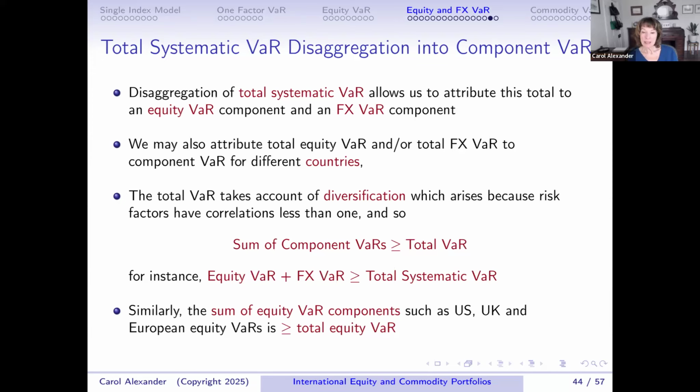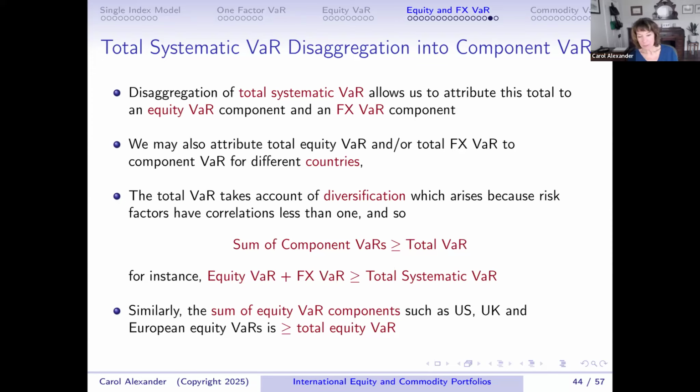The total VaR takes account of diversification. And that, as we know already, comes because the correlations are less than 1. So whether we use the total systematic into equity VaR and FX VaR components, or if we look at the total equity into different equity components, for example, we always have that the sum of the components is going to be greater than or equal to the total VaR, and it's only going to be equal when all the correlations are 1.